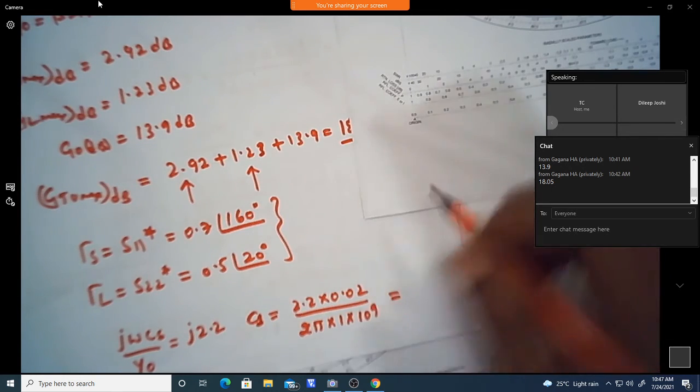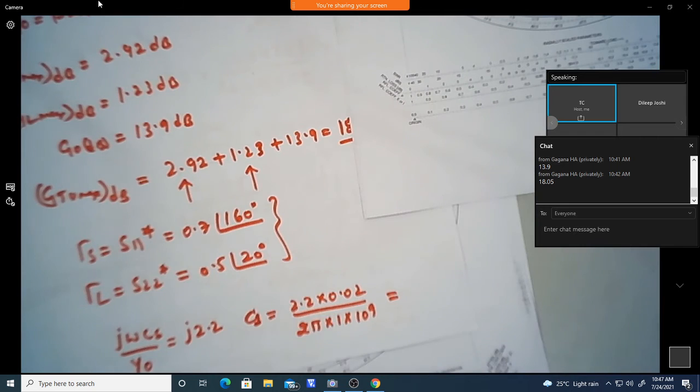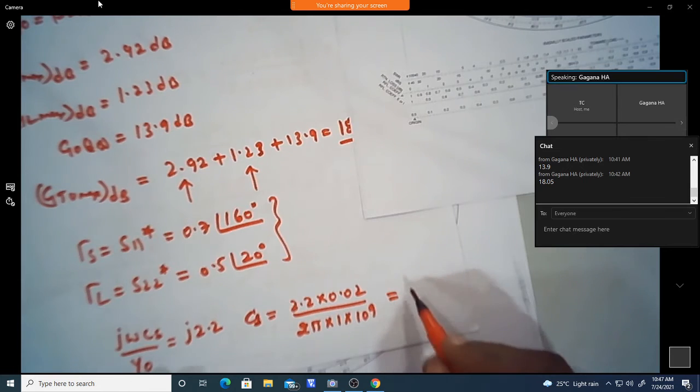What is the value of CS? Seven pico, sir. 7 picofarad.